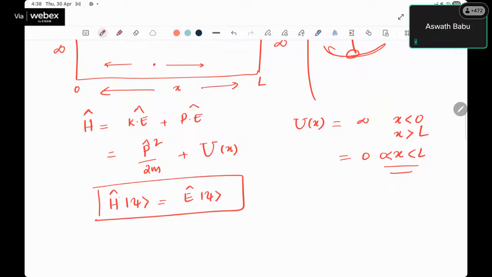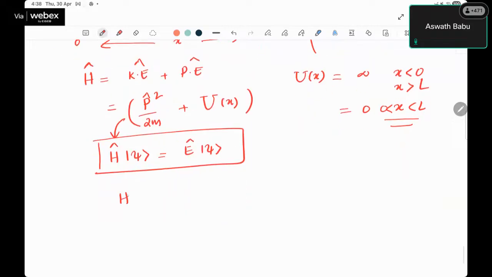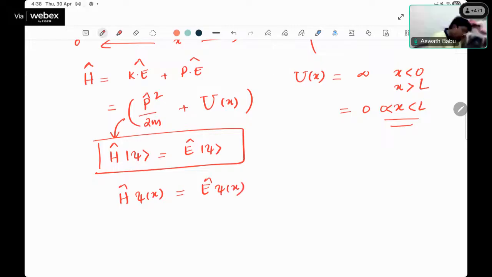I represent H using these two terms, put it back, and solve this for the required energy and quantum state. Now I have used Dirac notation; we can also use regular notation. Here, psi of x is in expression form, some kind of wave function.